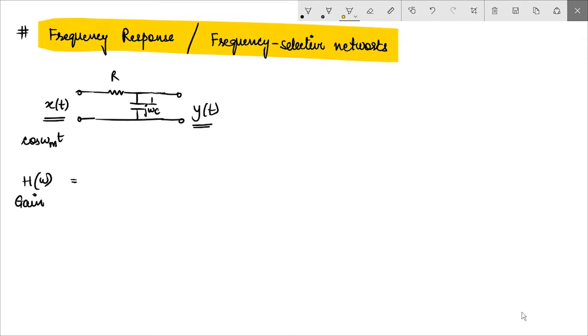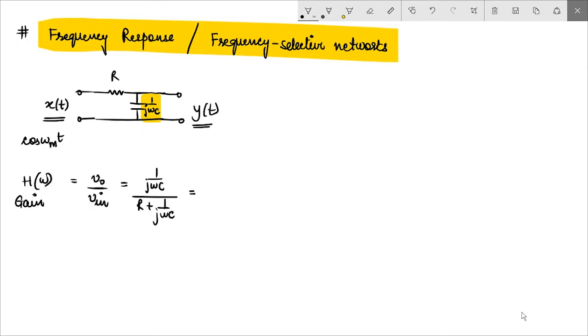Because the reactance is dependent on omega, that is frequency, the gain, that is output upon input, is also a function of frequency. That's why we call it H of omega. And if we use the simple potential divider relationship, we would get (1 upon j omega C) upon (R plus 1 upon j omega C).